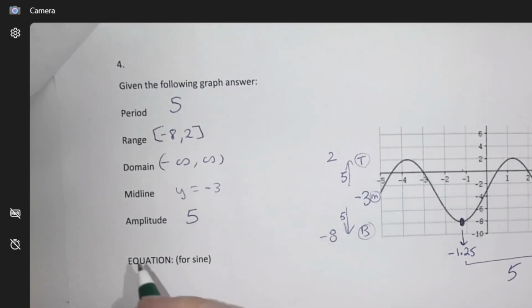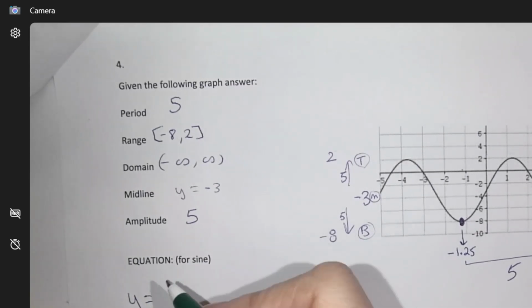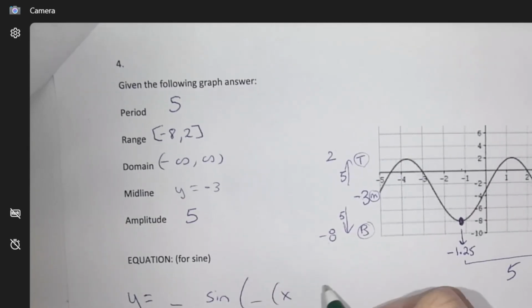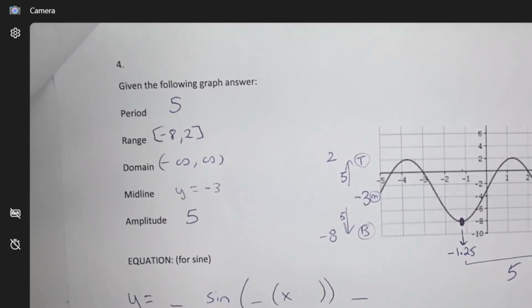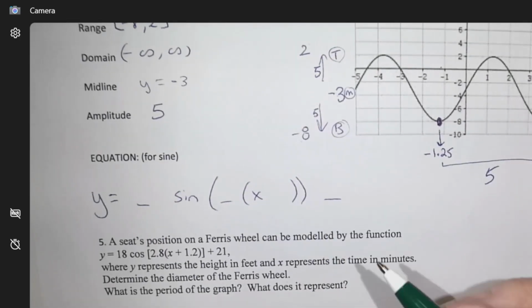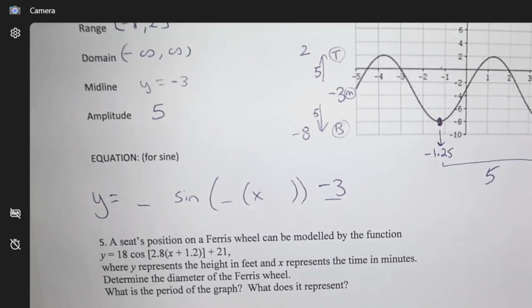Y equals, so we're doing a sine equation. Do you want to do midline first at the end? -3 was at the end.